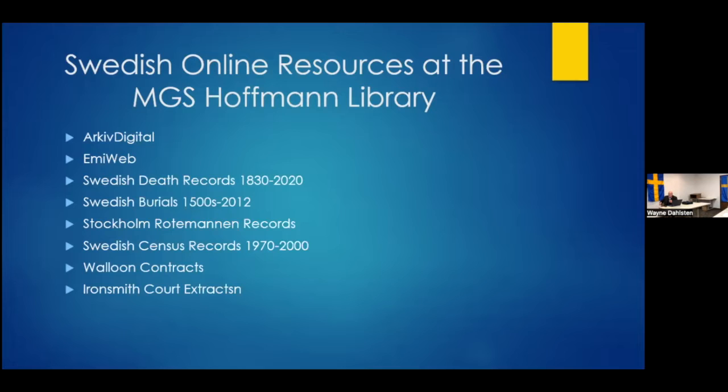That is 99.9% of all Swedes who died between 1830 and 2020 are on this list. They're not images. These are just an index, but it is virtually everyone who died, and there was a record of their death someplace, is in this database.